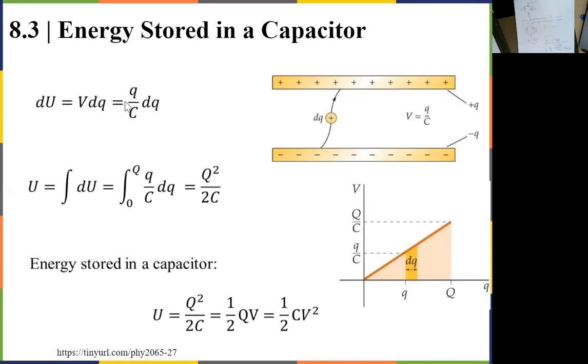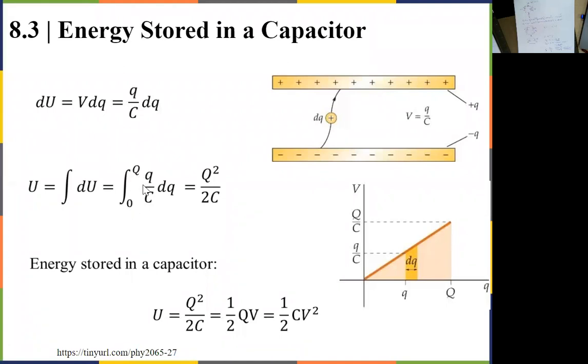V you can calculate; it should be q divided by c. And to calculate the energy stored, you will do integration of dU, starting from when you have zero charge on the plate up to your final charge q on the plate.